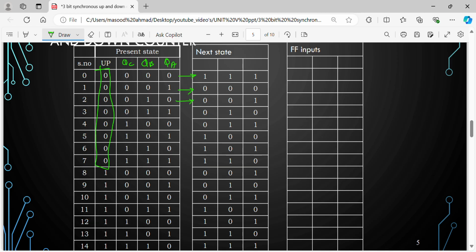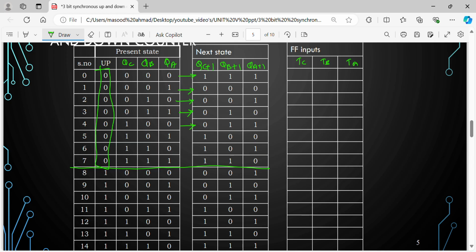When 010 it is 001. For 2 to 1 it is going, 3 to 2, 4 to 3. Likewise up to 0 to 7, it is your down counter. Let's say this is QA plus 1, QB plus 1, then QC plus 1. Let us use the flip-flops TA, TB and TC.